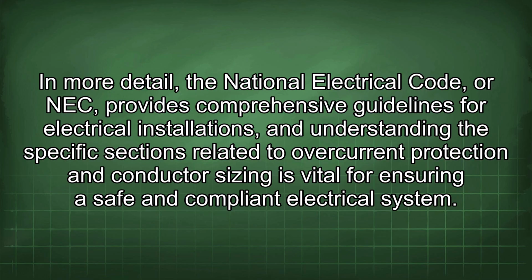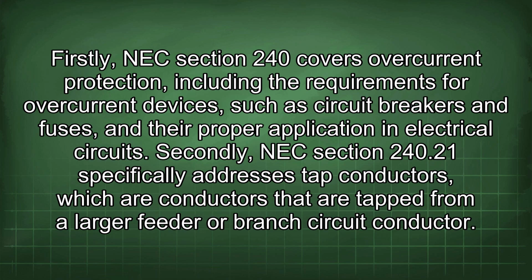In more detail, the National Electrical Code, or NEC, provides comprehensive guidelines for electrical installations, and understanding the specific sections related to overcurrent protection and conductor sizing is vital for ensuring a safe and compliant electrical system. Firstly, NEC section 240 covers overcurrent protection, including the requirements for overcurrent devices, such as circuit breakers and fuses, and their proper application in electrical circuits.